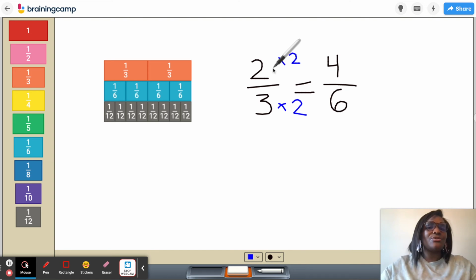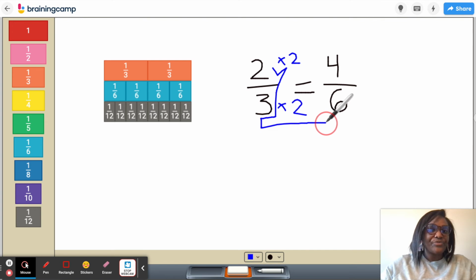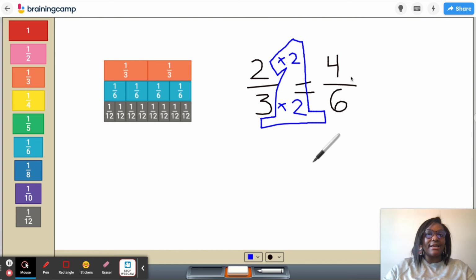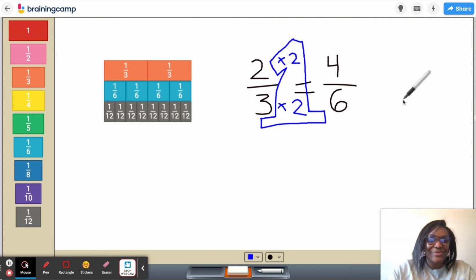Now, if you want to go a little more advanced with them and ask, why does this work? You can explain to them that this is the same as multiplying by one whole. Whenever you are multiplying or dividing the numerator and denominator by the same number, you are just basically multiplying or dividing by one whole. Okay?